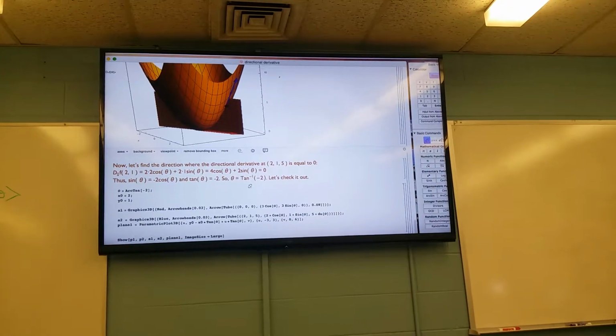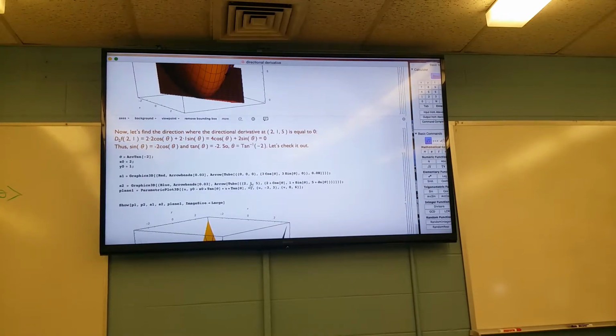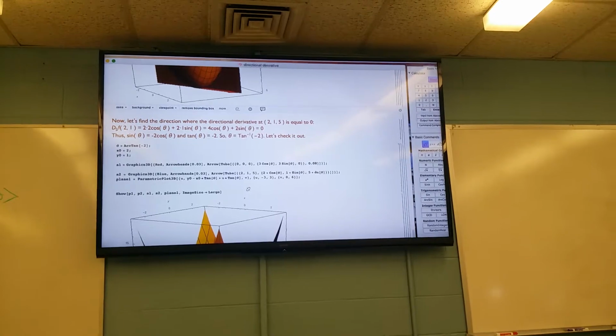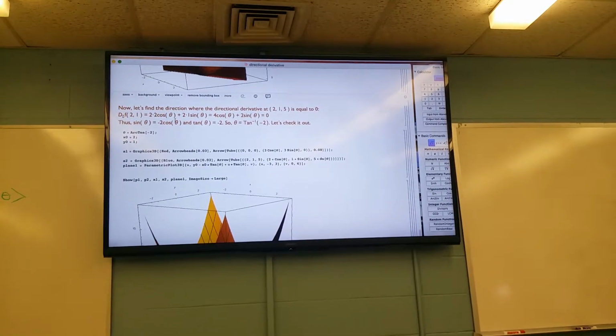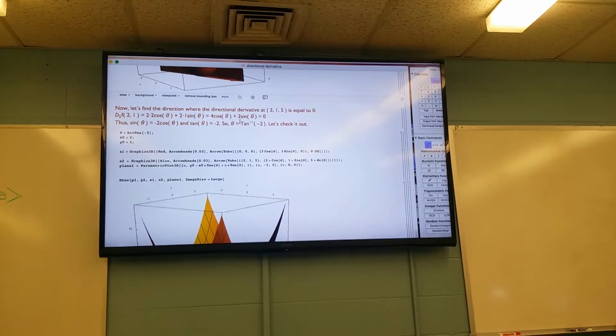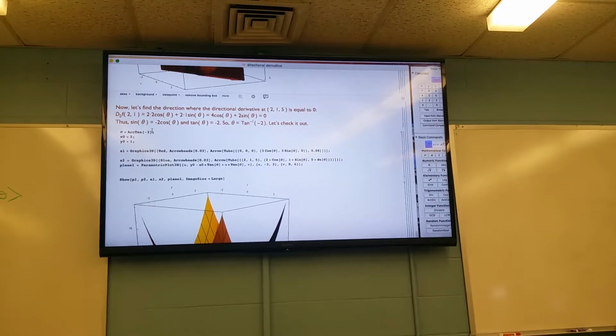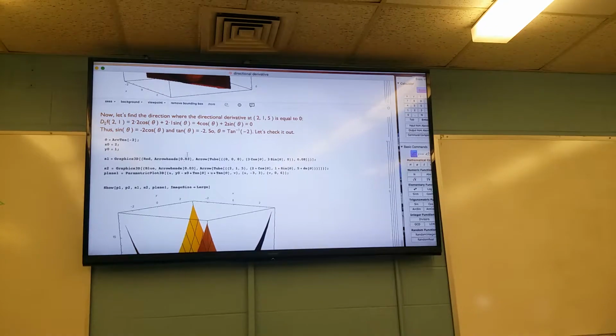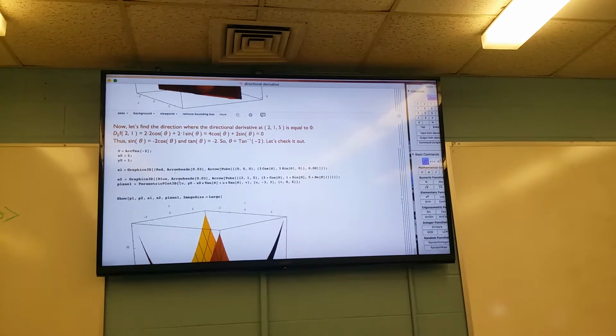All right, now let's find out where the slope of the directional derivative is 0. I find the directional derivative at any point and then solve for theta. It turns out that theta is going to have to equal the inverse tangent of -2 in order to cause that to be 0.